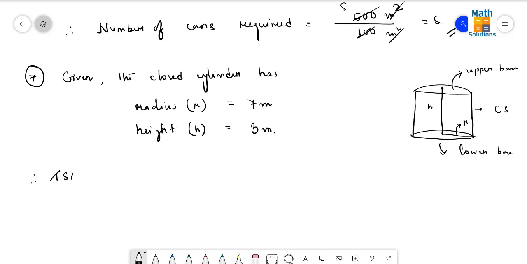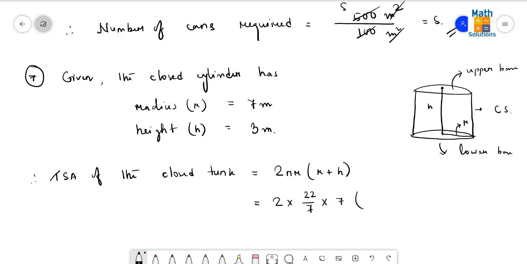Therefore the total surface area of the closed tank, the formula is 2 pi r times r plus h. Now let us put the respective values. 2 into the value of pi we already know as 22 by 7, r is 7, then again here it is 7 plus 3, unit will be meter square.